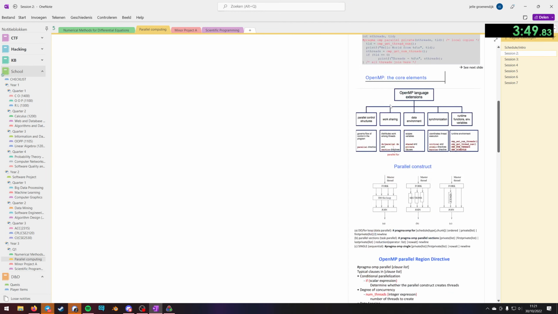I don't know if CPUs have their own thread scheduler. I'm looking at what I wrote down about this, I think even the first lecture about parallel computing.